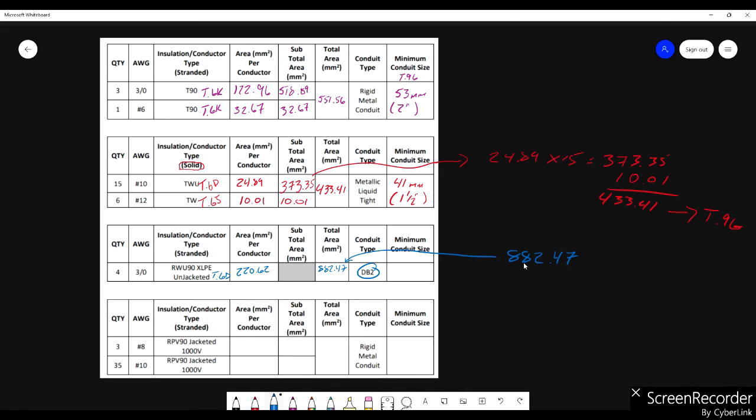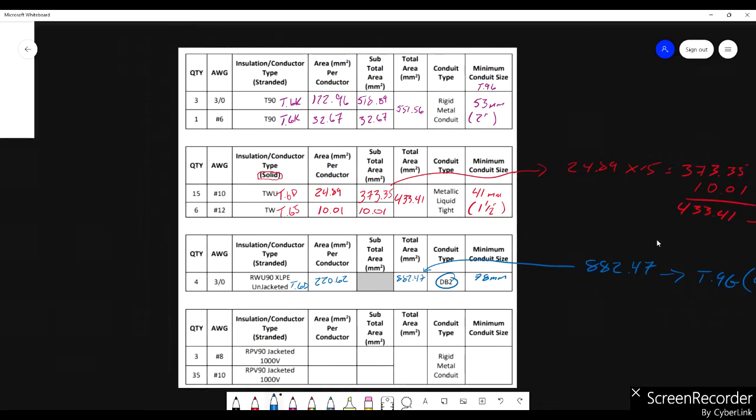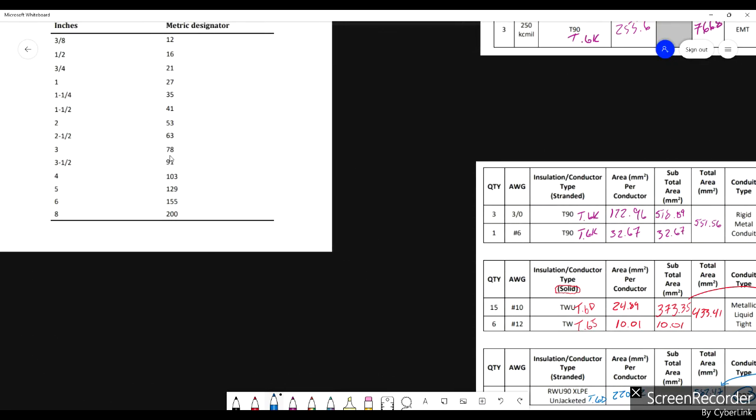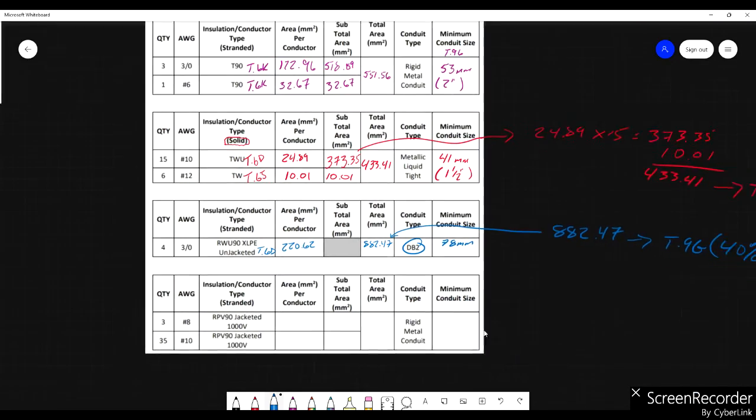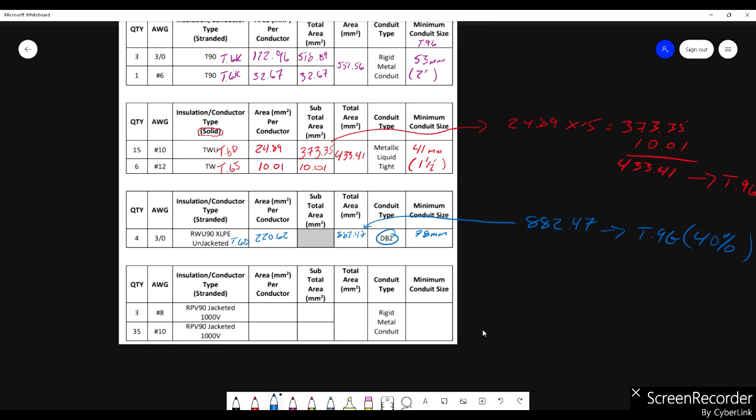We're going to go to table 9G because it's 40% conduit fill. And you'll see that you need a 78 millimeter DB2 duct, which is good for 1824.15. And a 78 millimeter trade equivalent size is 3 inch. So 3 inch conduit.